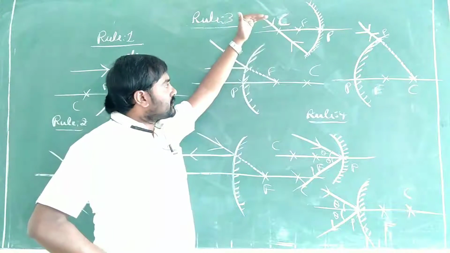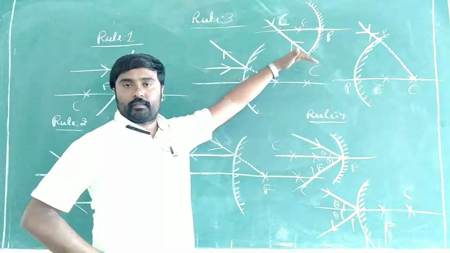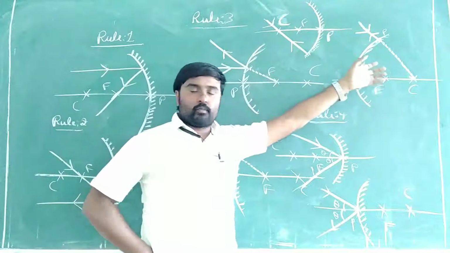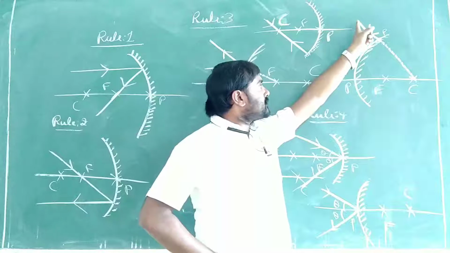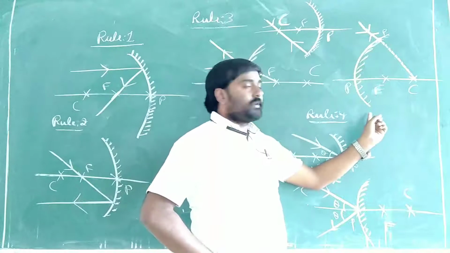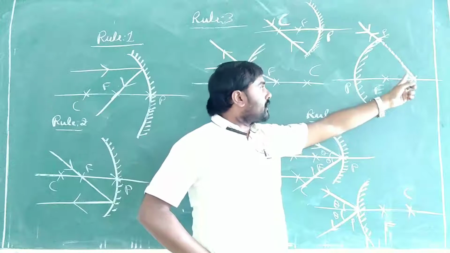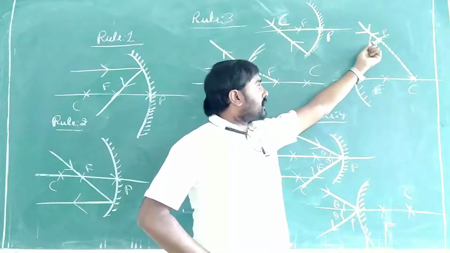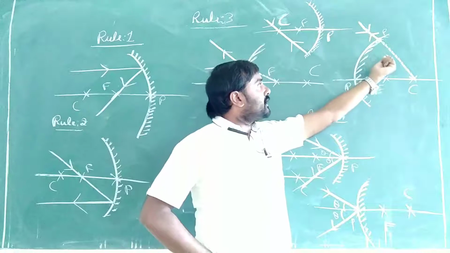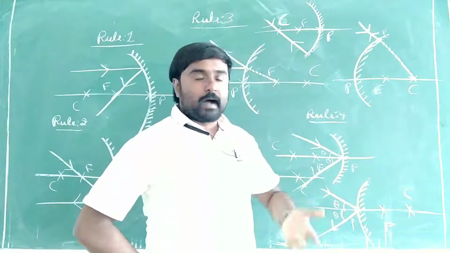Okay, so this is in case of concave. But in case of convex, whenever the ray of light is incident on the silver surface of the convex mirror, the ray appears to pass through the center of curvature. Then after reflection, the reflected ray retraces the same path.